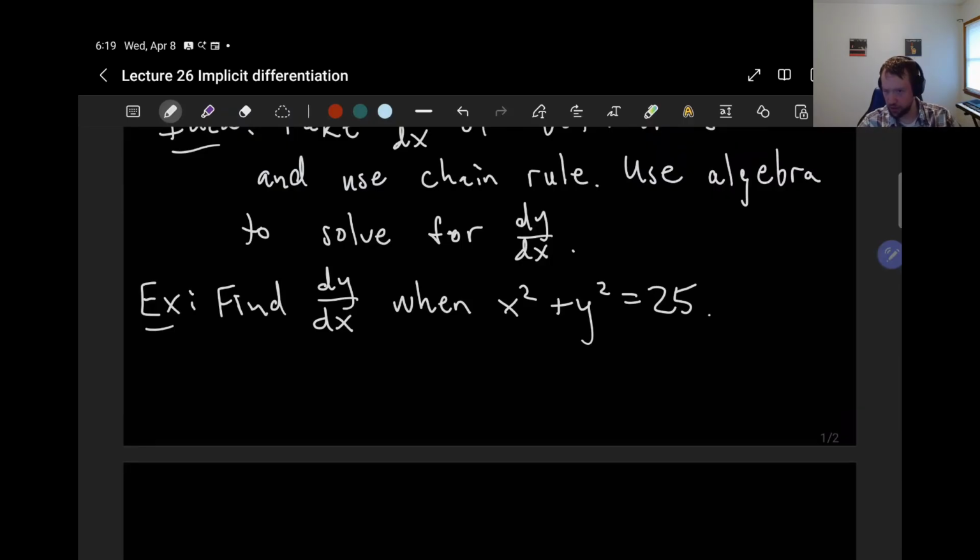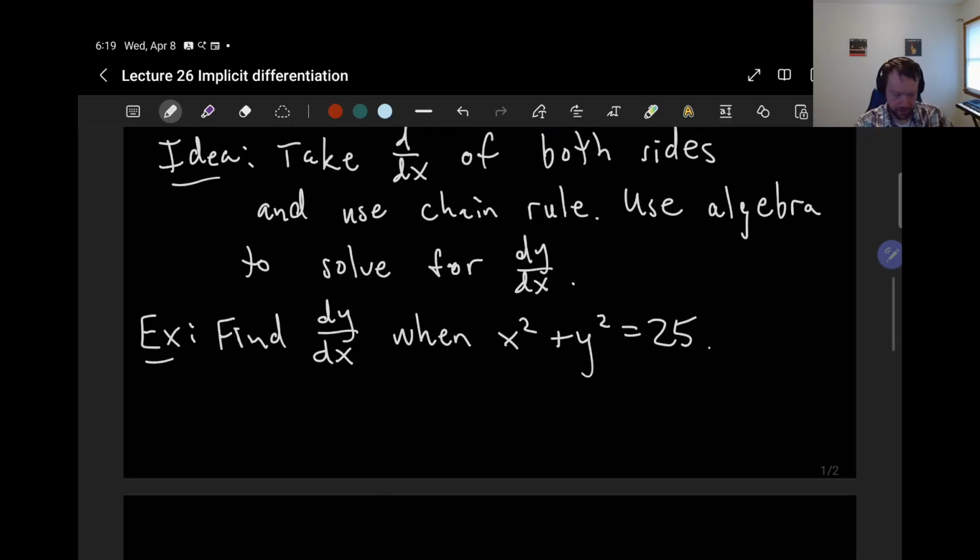Now, maybe it's a little bit of a stretch to say that this is implicit, because technically you could solve for y with the whole plus or minus square root thing. This is not exactly a function, fails the vertical line test, but this still suits our purposes. It's still a little bit complicated.